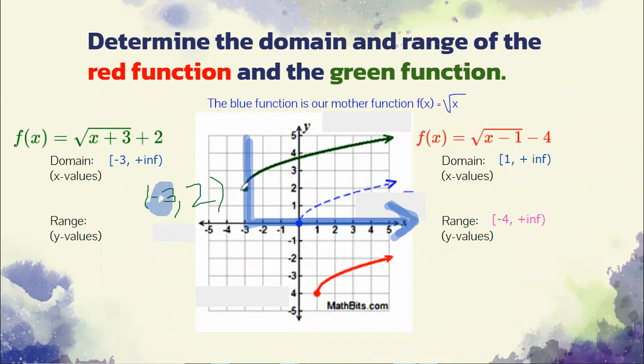My graph begins along the y-axis at 2, and it slowly starts to grow vertically upwards towards positive infinity, again overlapping on this y value, this locator point of negative 3, 2. So my range is going to start at positive 2 and continue upwards, albeit very slowly, towards positive infinity for the green graph.